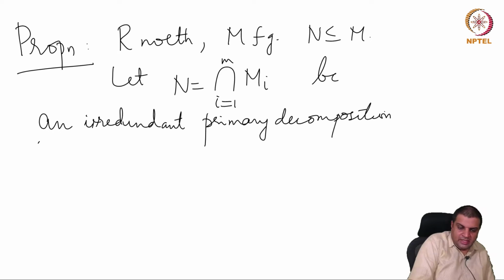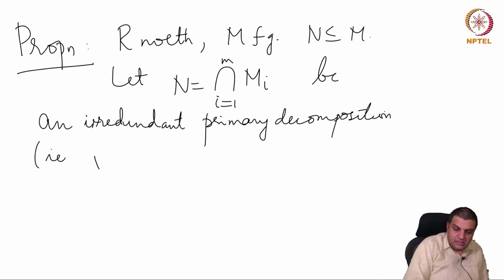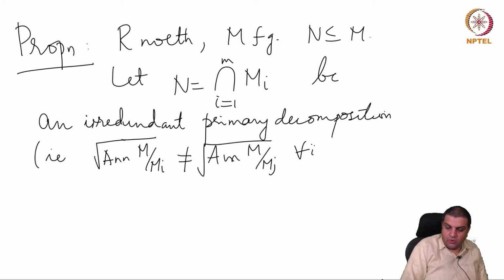So each of these is primary. In other words, the radical of the annihilator of M mod M_i is a prime ideal, and M_i is primary for this prime. And this is different from the corresponding prime for a different ideal, for all i different from j.